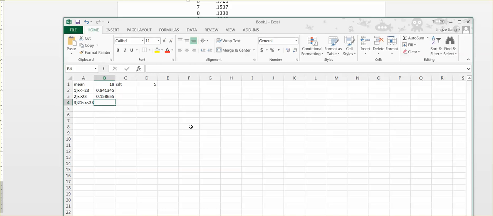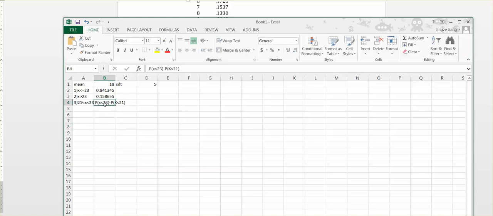Actually we are looking at the area between 21 and 23, and what we usually do is first get the probability of x smaller than 23 and minus the probability of x smaller than 21.